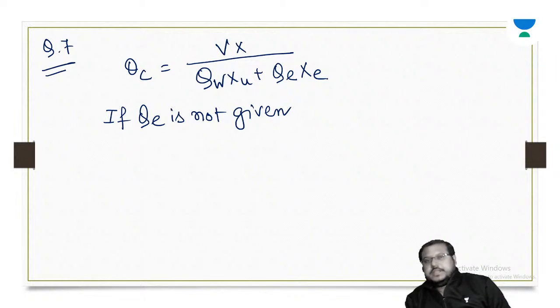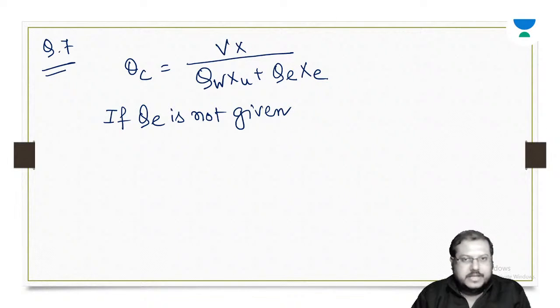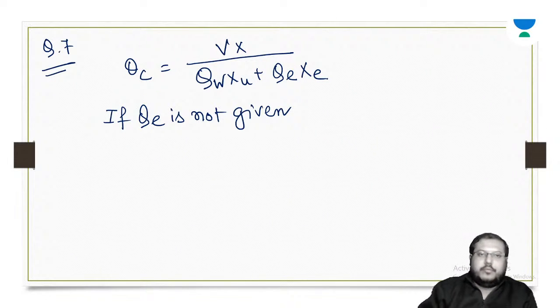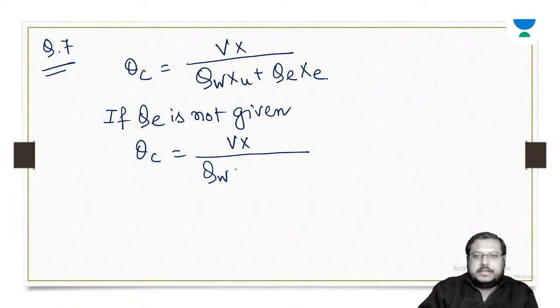If Q is not given, obviously we use another formula, that is theta C equals Vx by QWXU plus (Q minus QW) into XE.